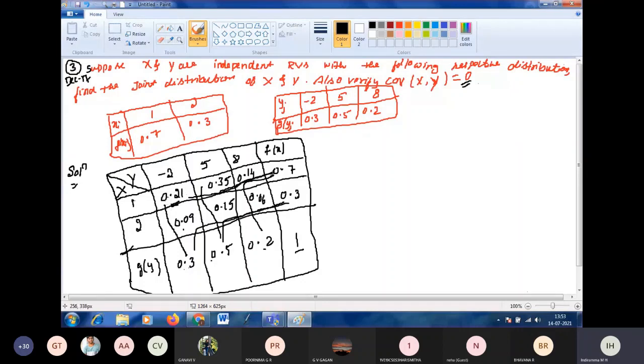Add these 6 values: 0.21 plus 0.35 plus 0.14 plus 0.09 plus 0.15 plus 0.06. Is it equal to 1?